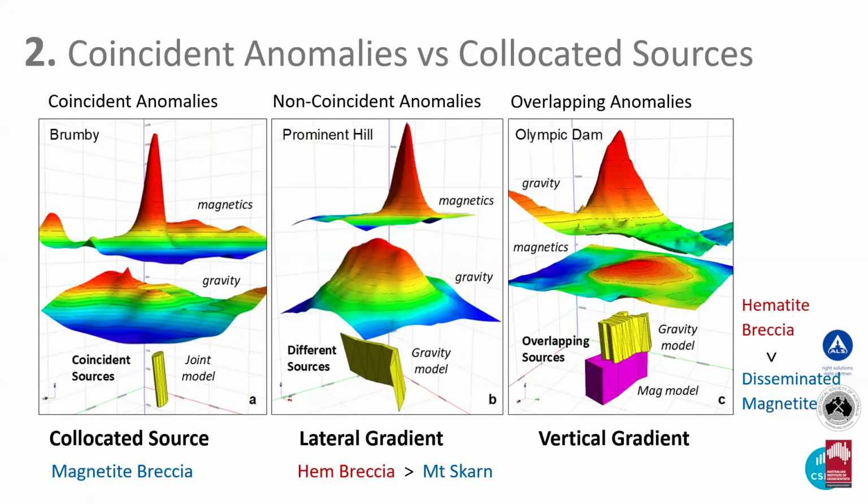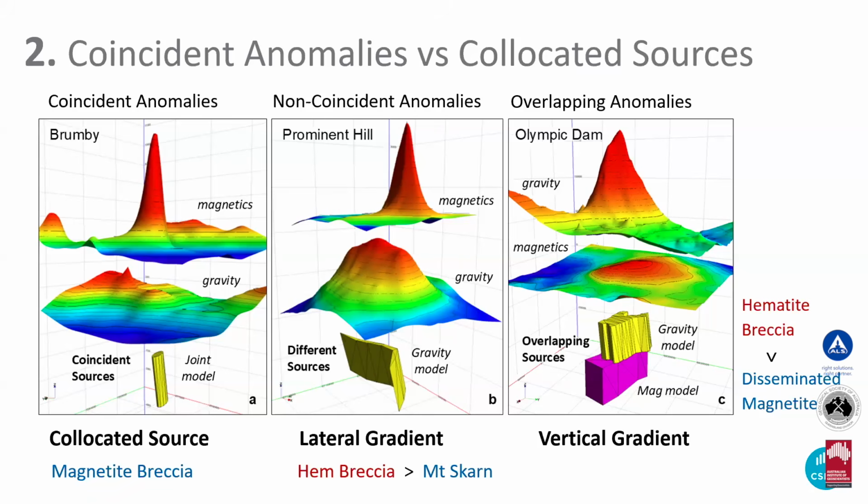If you go to Prominent Hill, you've got the gravity model here that coincides with this gravity anomaly, this big shark fin type thing, or I don't know what that's called. The magnetic spike over here is actually due to a magnetite skarn, according to Hart and Freeman. So here you've got a lateral gradient from magnetite into hematite.